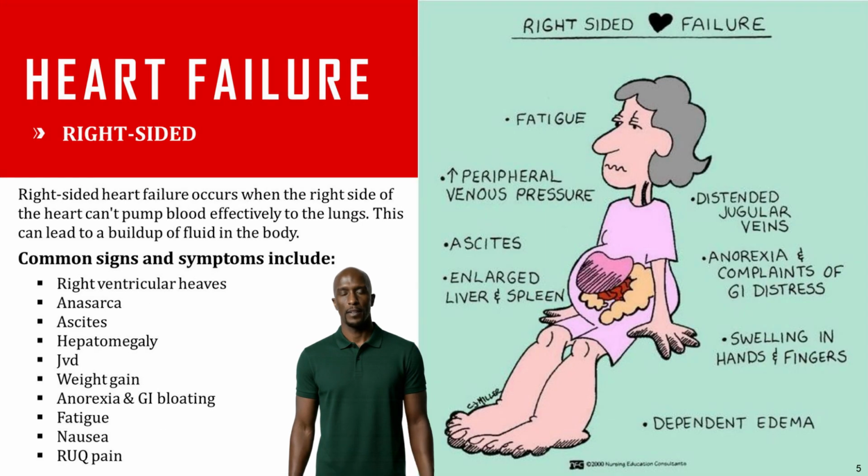Right-sided heart failure occurs when the right side of the heart can't pump blood effectively to the lungs, causing blood to back up into the systemic circulation. As a result, fluid begins to accumulate throughout the body. Common signs and symptoms include jugular vein distension, hepatomegaly, ascites, and peripheral edema, which can progress to anasarca or generalized body swelling.